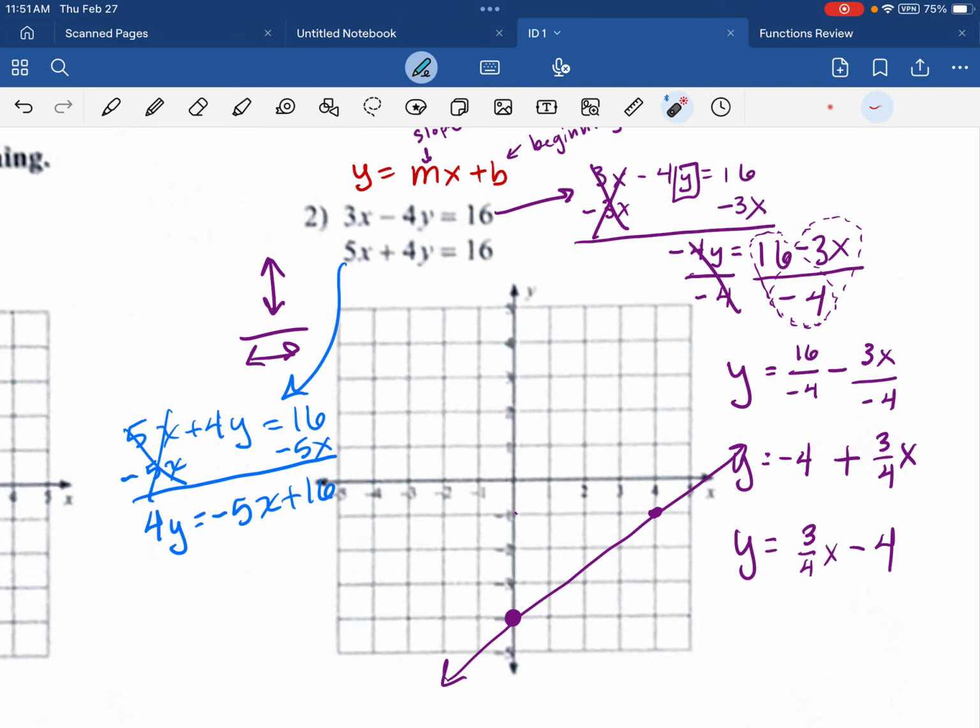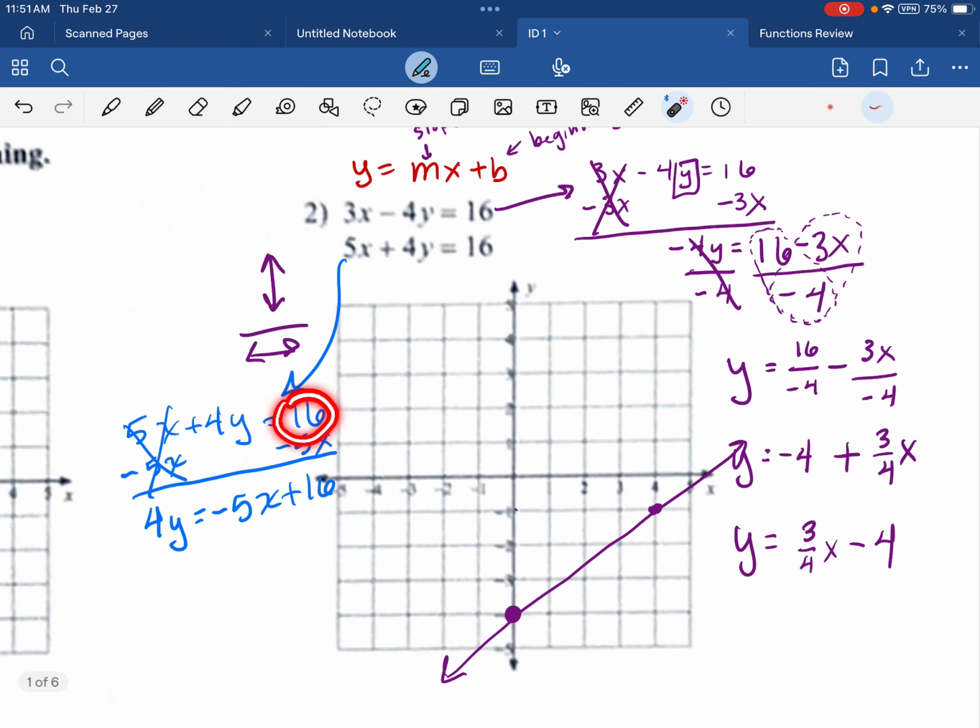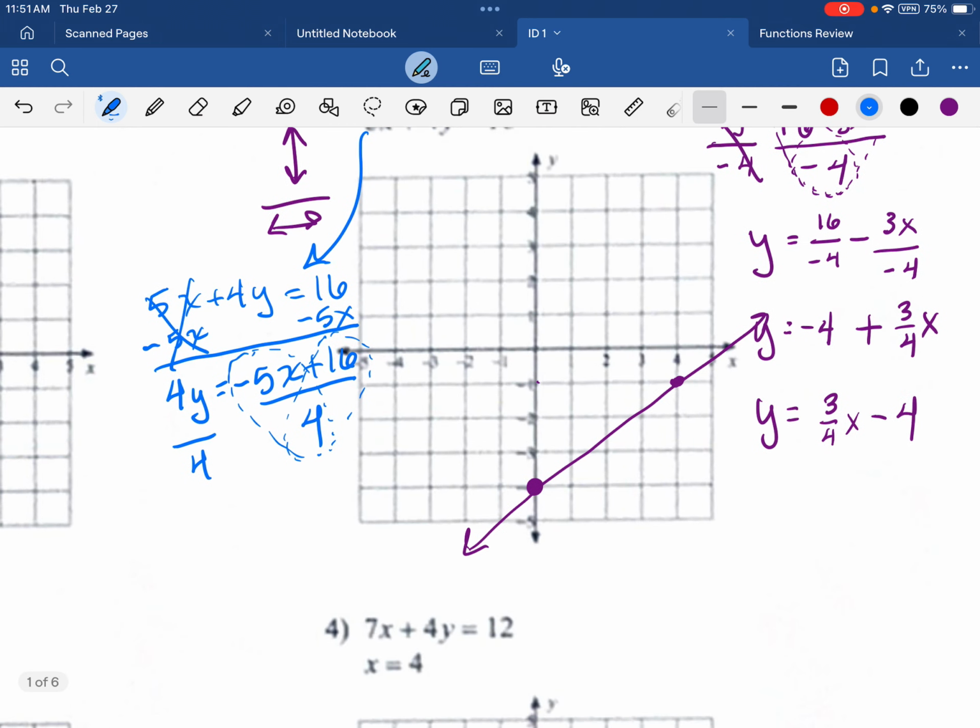You may have noticed I did a different order here. It's okay, as long as I keep the 16 positive and I keep the negative 5x negative, which I did. Negative 5x, positive 16. Okay, last thing we need to do here, what's the opposite of timesing by 4? Dividing by 4. I'm going to divide everything by 4 on this side and use the heart method to know what is going to be divided individually.